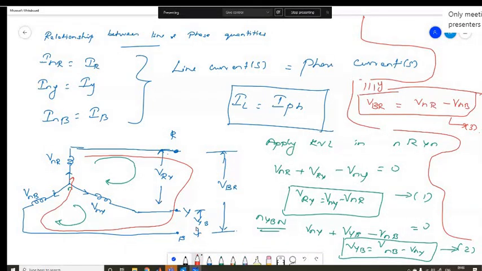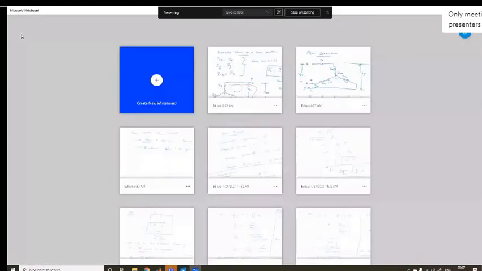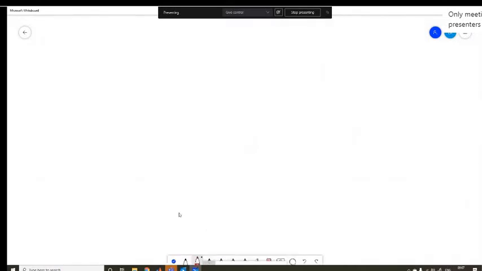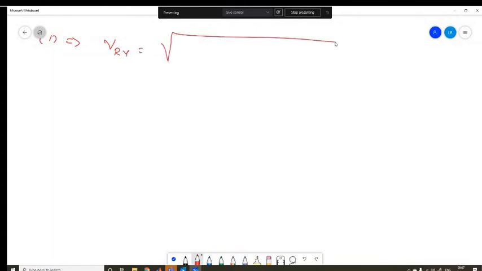Now, how to find the modulus of this? From equation number 1, I can write VRY to be nothing but the root of VNY square plus VNR square plus 2 VNY VNR cos phi. And what is this phi?